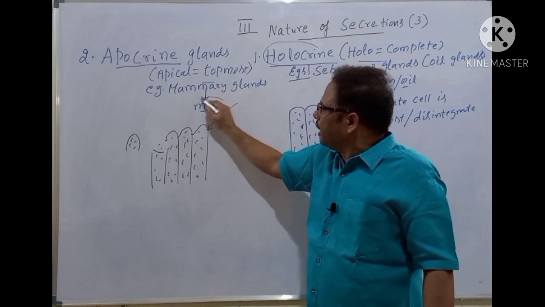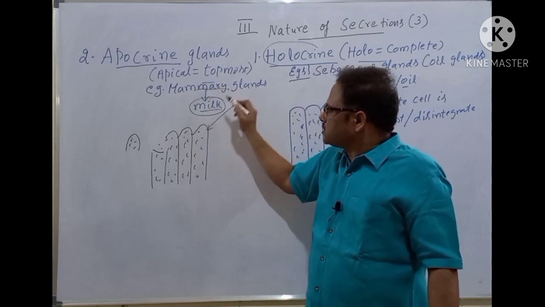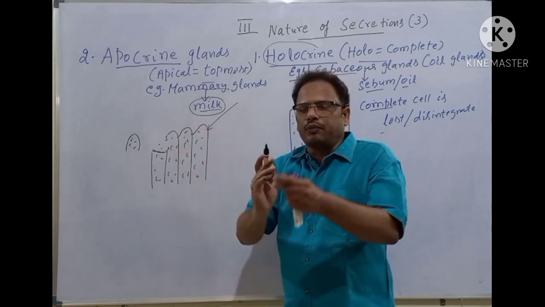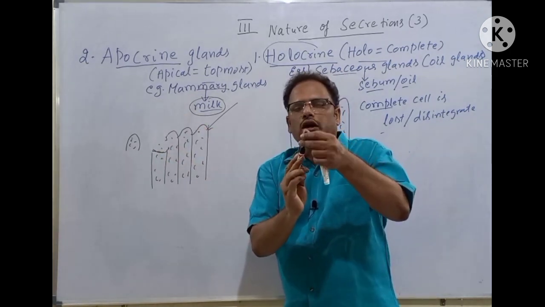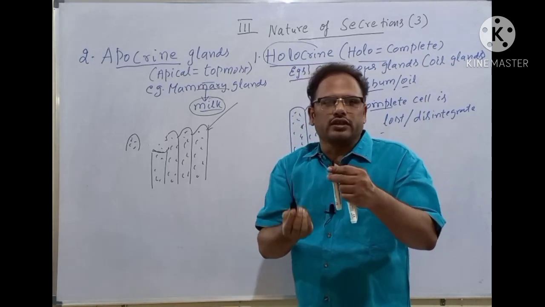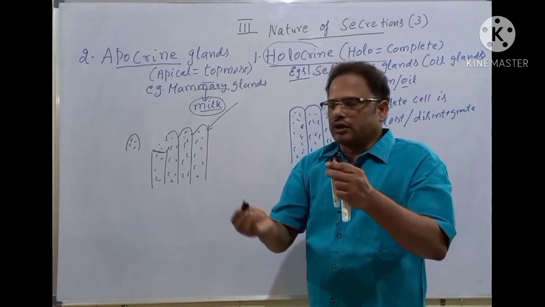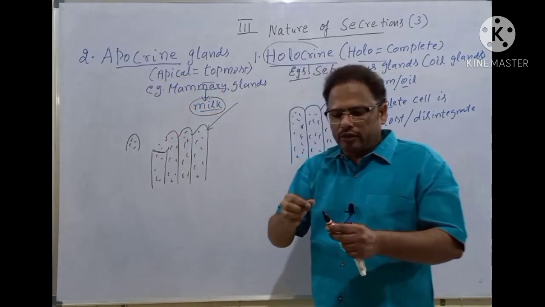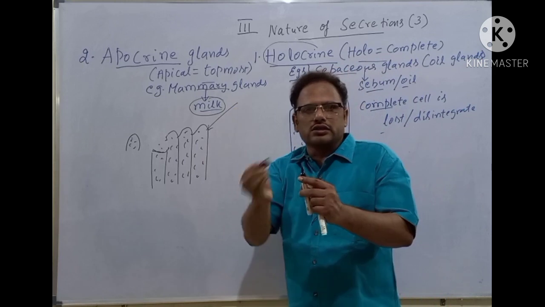During the secretion of milk, in the mammary glands, some part of the cell, which part of the cell? Apical part of the cell is cut off, pinched off like this, budded off for the secretion of the milk, and that is why it's called an apocrine gland. Why apocrine? Because the apical part is cut off.